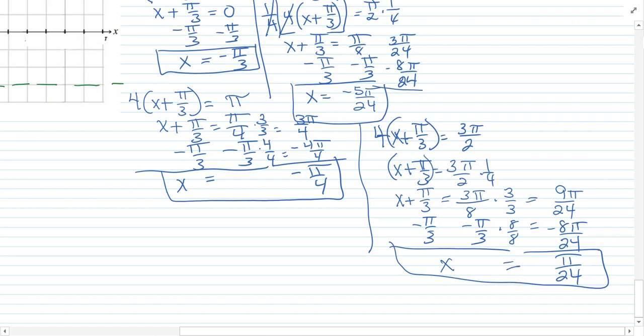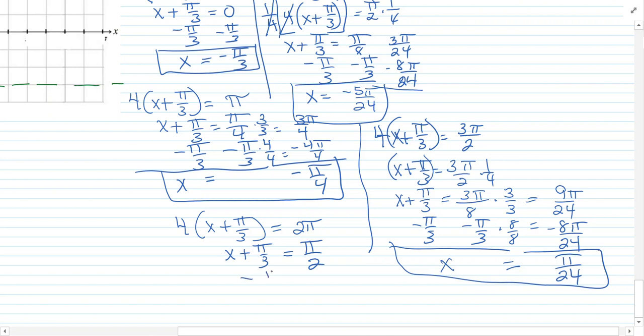Okay, and then my last one is 4 times x plus pi thirds equals 2 pi. And I'm going to divide by 4. x plus pi thirds equals pi halves.